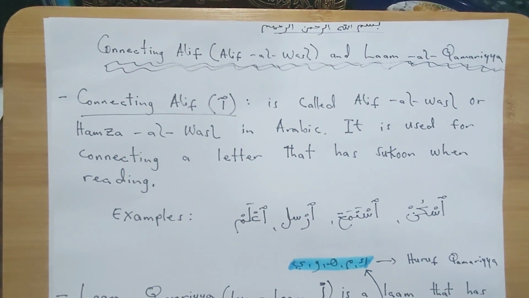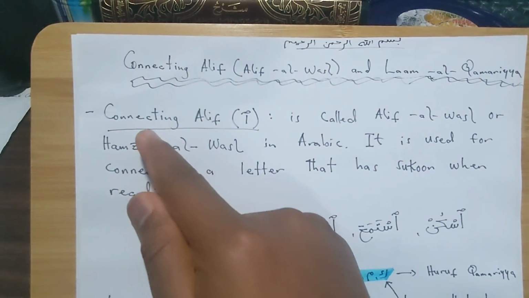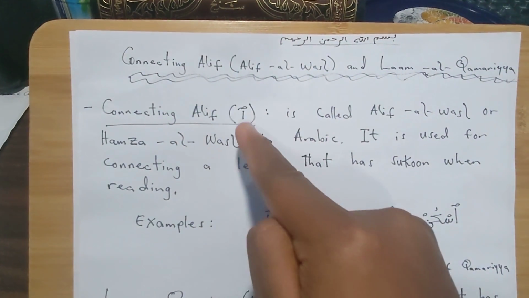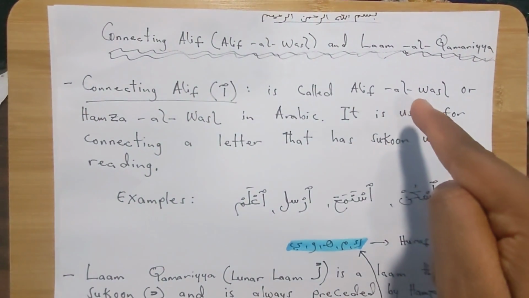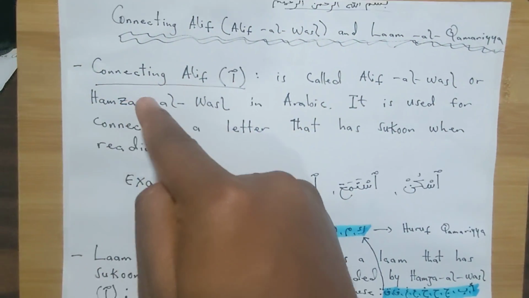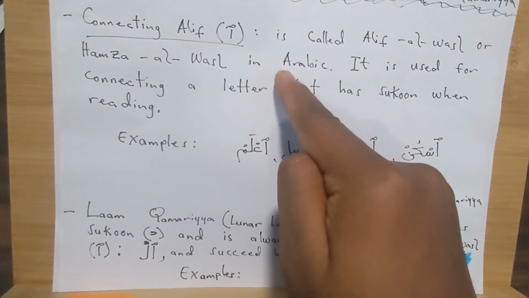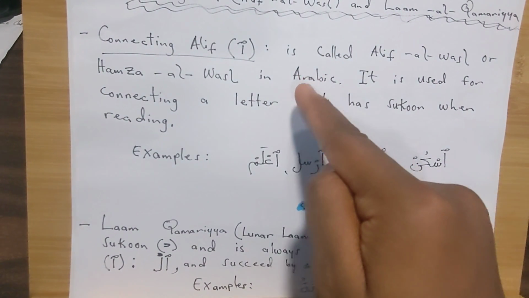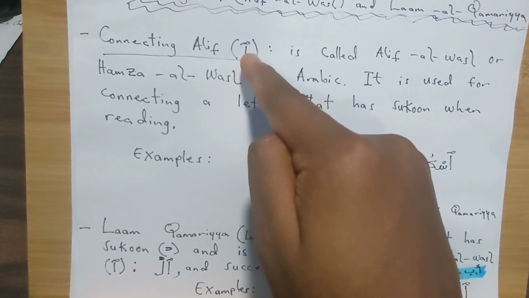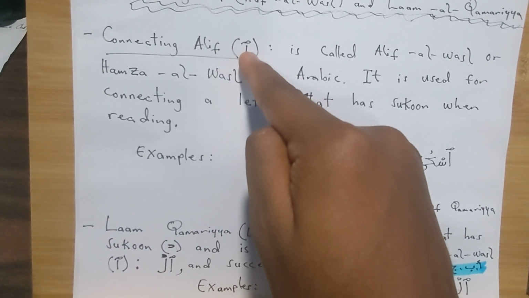So the connecting alif is called Alif al-Wasl or Hamzatul Wasl in Arabic, and it is written like this in the Quran.